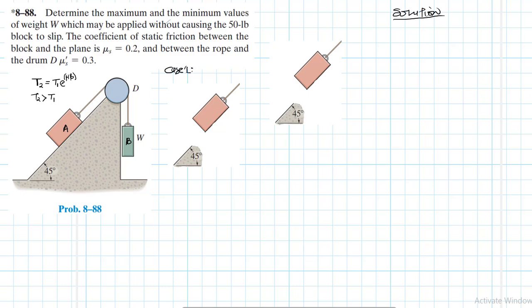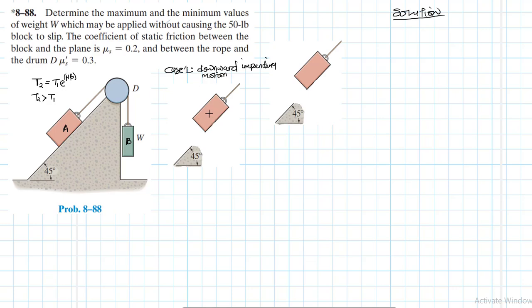In this particular case, we are going to use block A as our reference. By reference, I mean when I say downward motion or upward motion, I'm referring to block A. So case 1, let's assume we have what is called a downward impending motion.